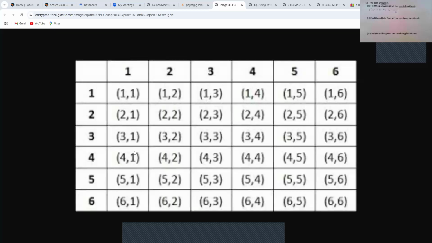For example, see how this 4 plus 1 adds up to 5. So 4 plus 1 adds up to 5, 3 plus 2 adds up to 5, 2 plus 3 adds up to 5, and 1 plus 4 adds up to 5. Here's 4 so far that add up to less than 6. But keep counting all the ones that are up and to the left, because these 3 add up to less than 6.